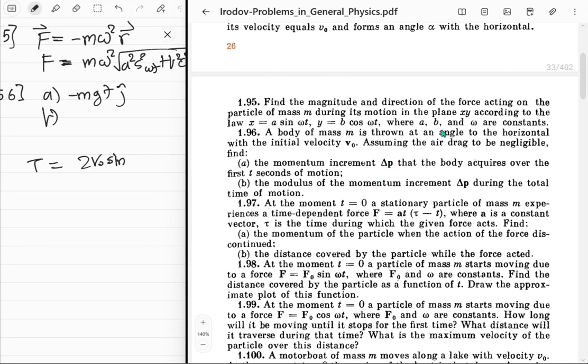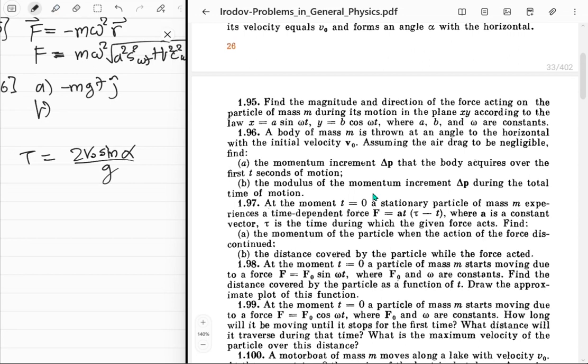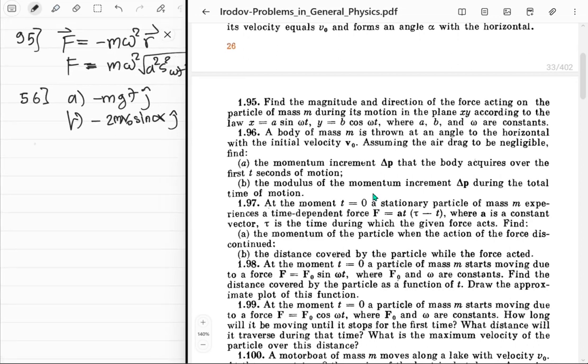It's not working. Fine. The time required is just 2 v naught sine alpha upon g. So the momentum change in that time is negative mg times this time, so negative 2 m v naught sine alpha times j hat. I don't like using this alpha that has not yet been defined.